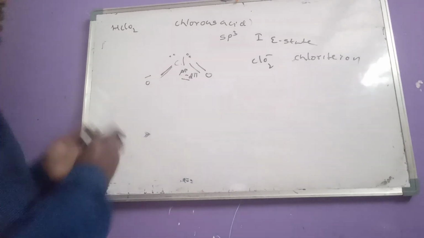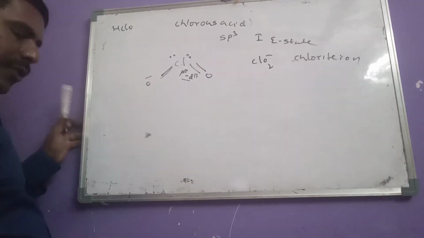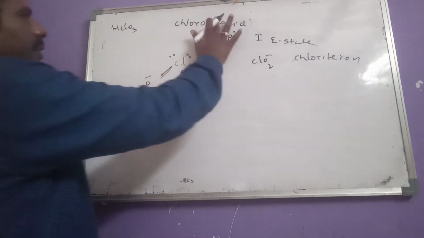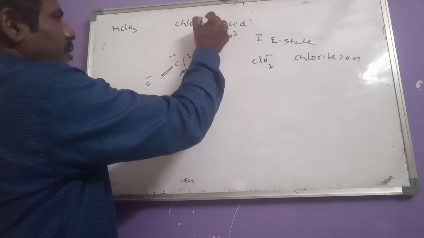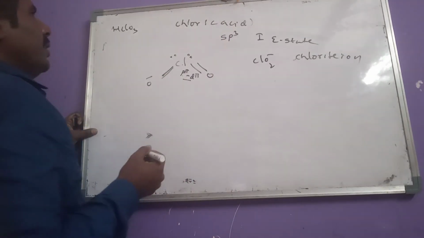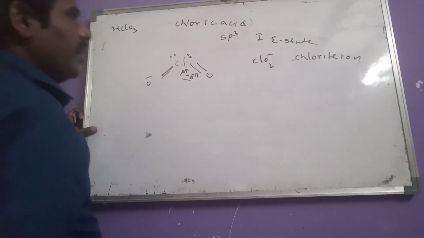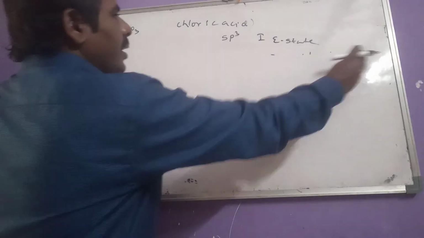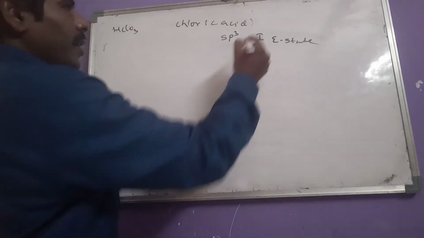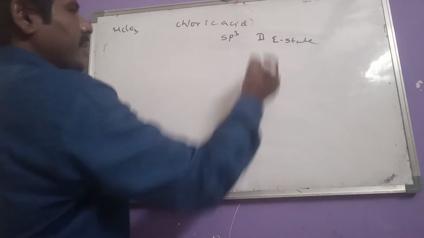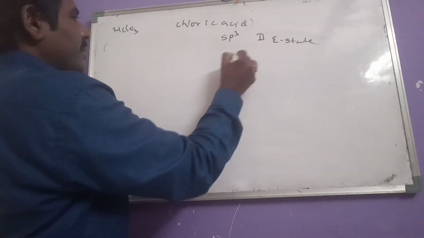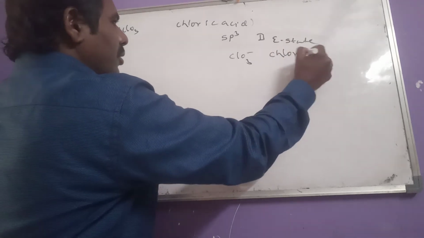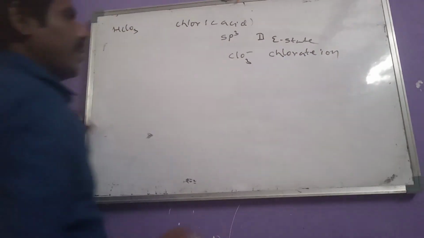Okay, then the third oxy acid of chlorine is HClO3, known as chloric acid. Again chlorine undergoes sp3 hybridization but in second excited state, and ClO3 minus ion is known as chlorate ion.